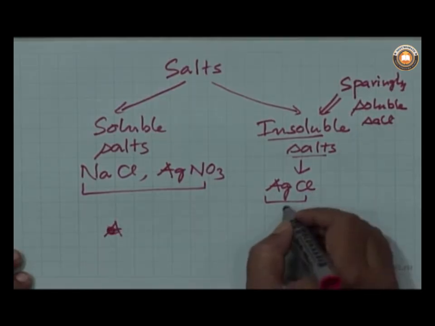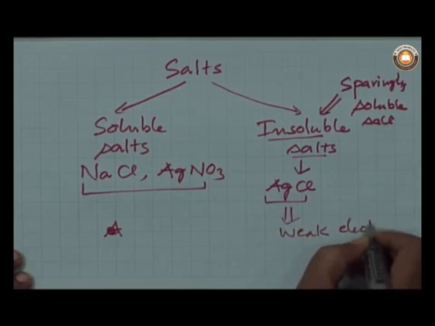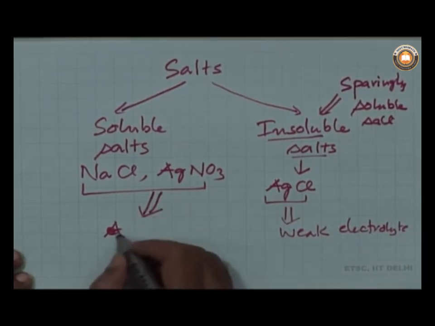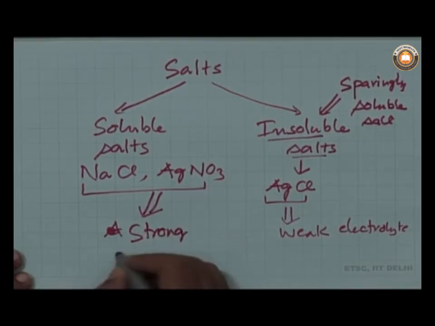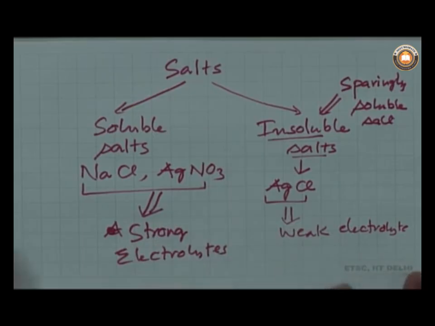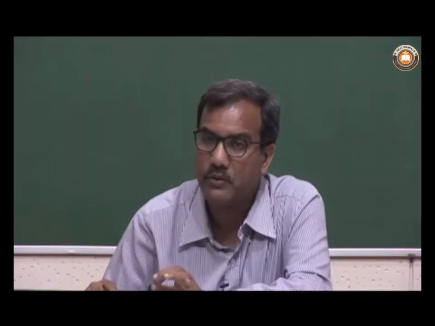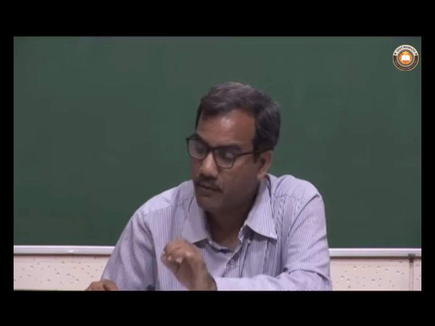So, sparingly soluble salts are weak electrolytes, whereas soluble salts are your strong electrolytes. So, salts can be of two types: soluble salt, insoluble salt. Soluble salts are a strong electrolyte, whereas insoluble salts are weak electrolytes.